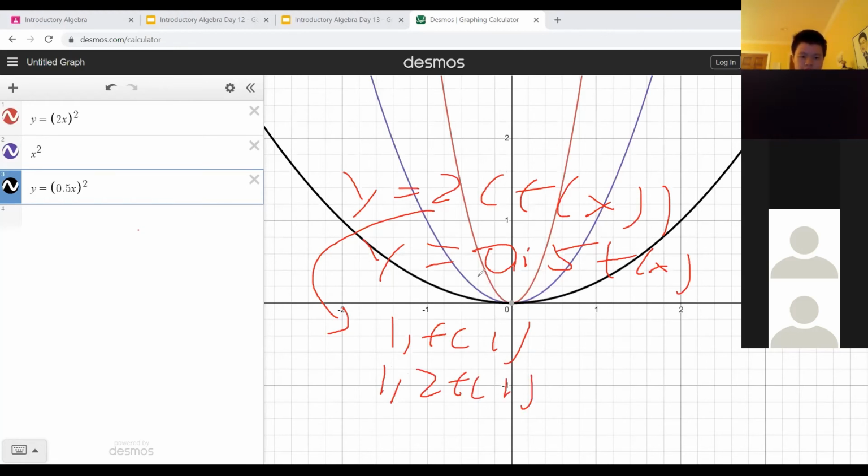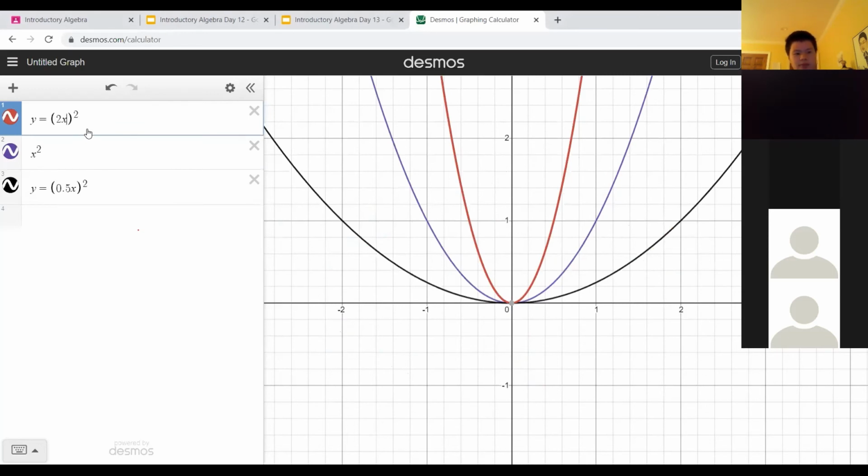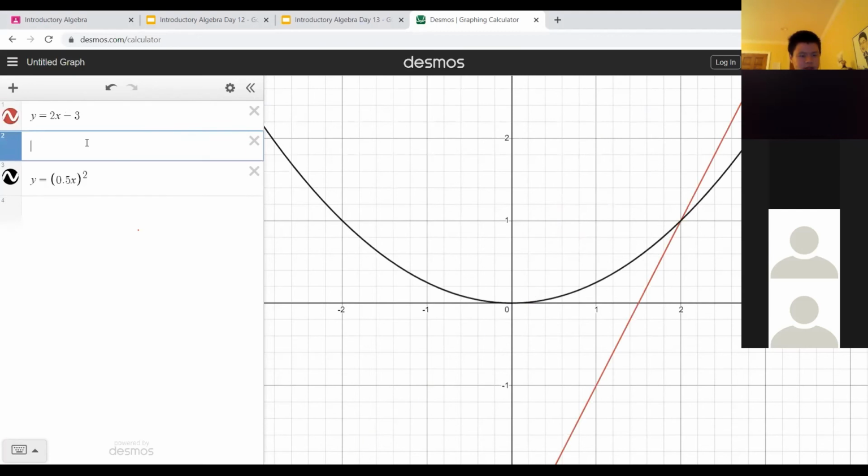So it would be something like... maybe x was a bad example for this, but if we had 2x minus 3, and I'll put everything.